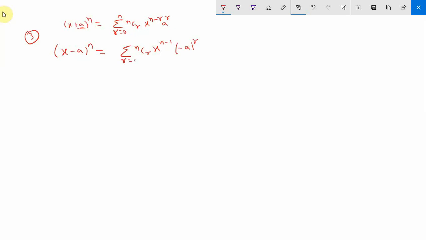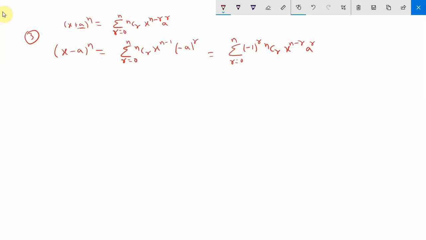It can also be written as summation r equal to 0 to n, minus 1 to the power r, taking minus 1 out from (minus a) to the power r, nCr x to the power n minus r into a to the power r.